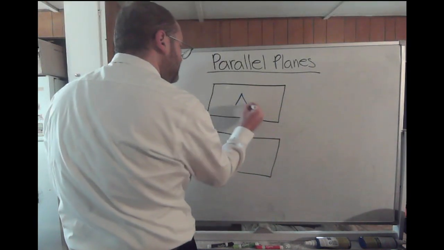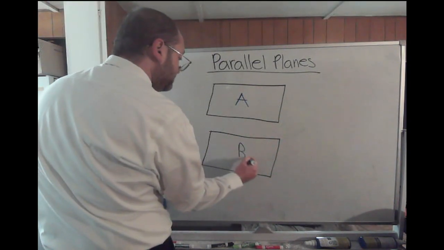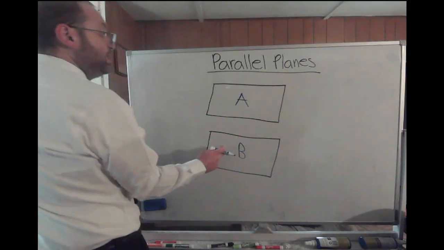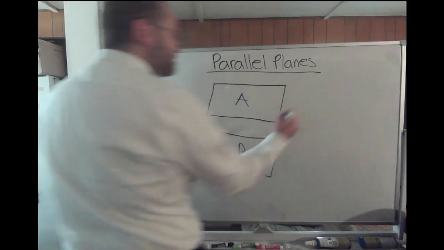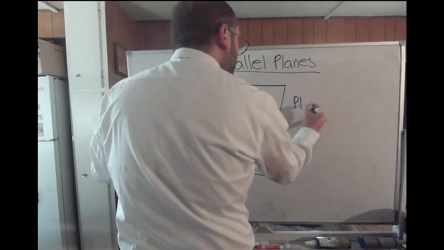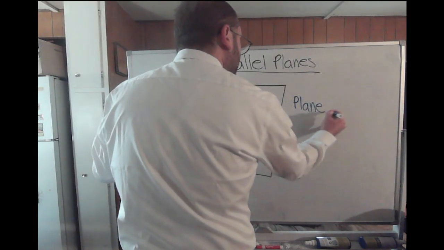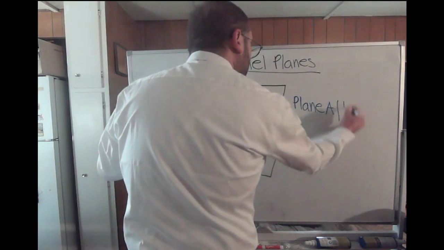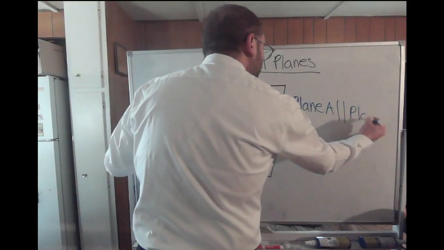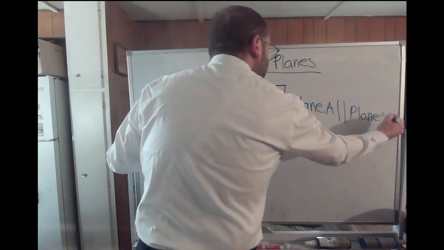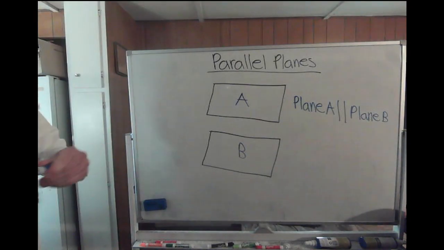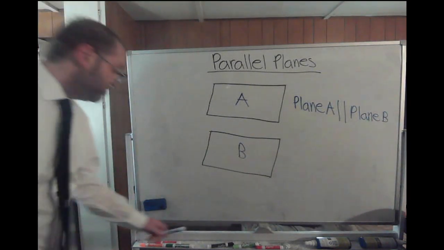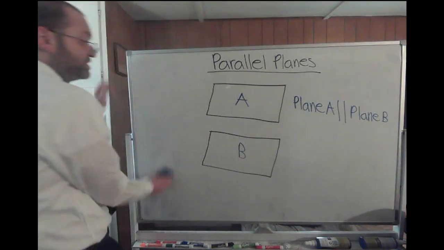Here's plane A. Here's plane B. Parallel planes are two planes that never touch, just like parallel lines. So you would write plane A parallel to plane B. That's how you would write that. Plane A runs parallel to plane B, so those two planes never touch. Pretty simple stuff.